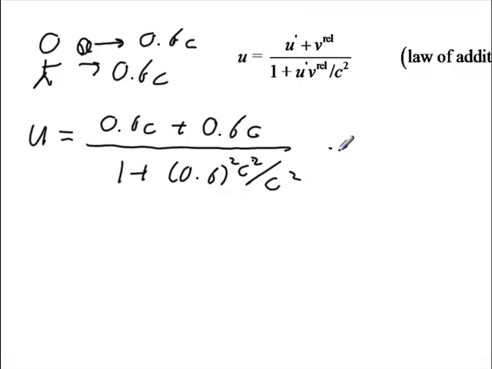That ends up giving me 1.2 c divided by 1.36. Notice that's bigger than the 1.2. As a result, the total velocity will be less than c.